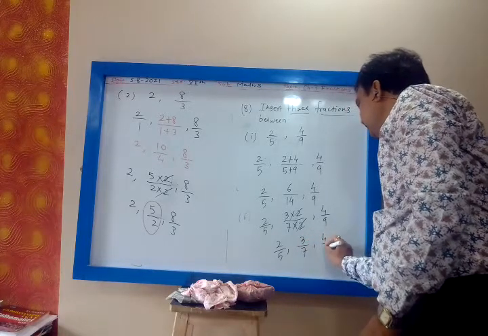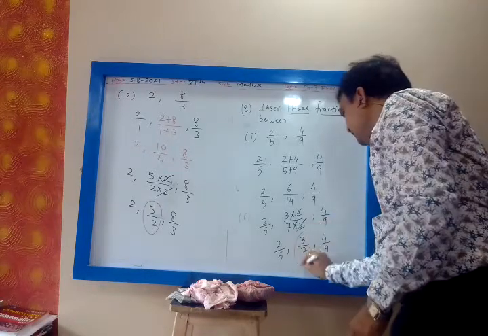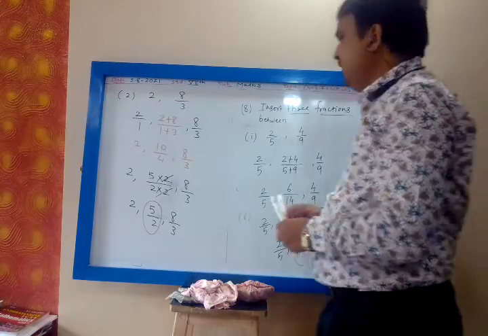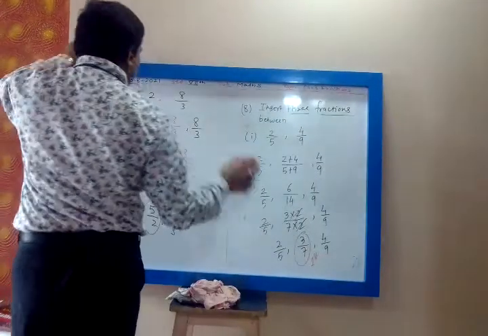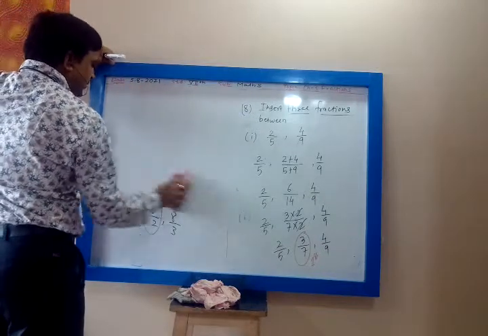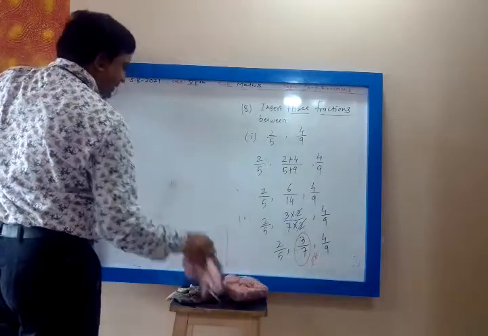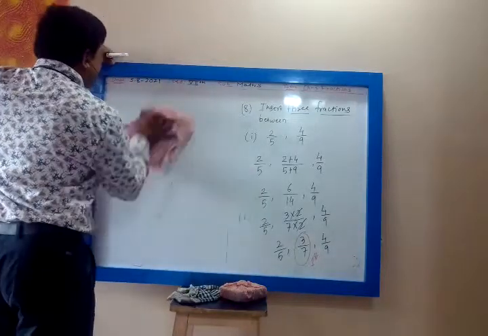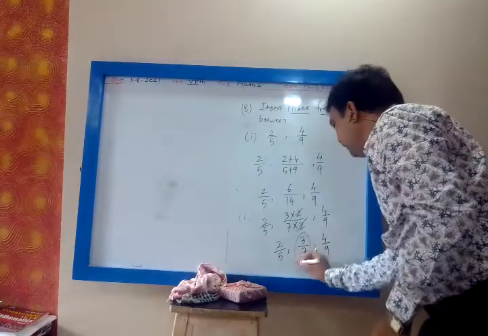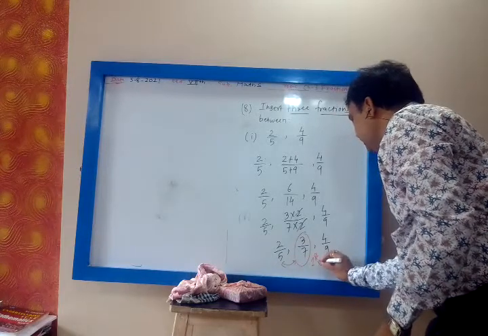This is my first fraction. So 3 by 7 is first fraction inserted. Okay. Now we want to insert 2 more. Now see here. For getting 2 more, what I will do? First I will simplify these two, then I will simplify these two for third.